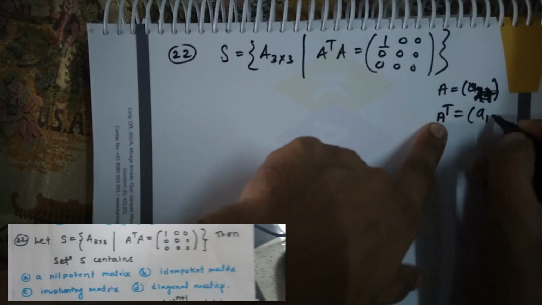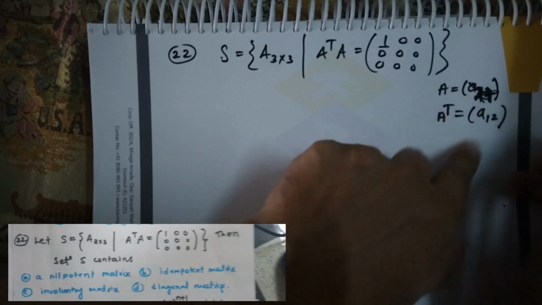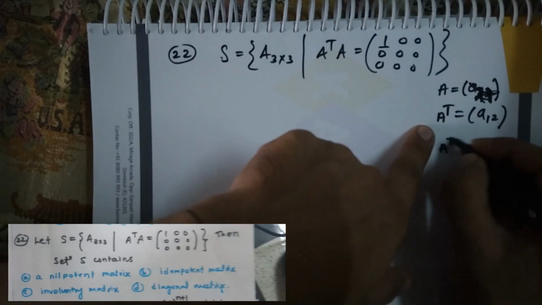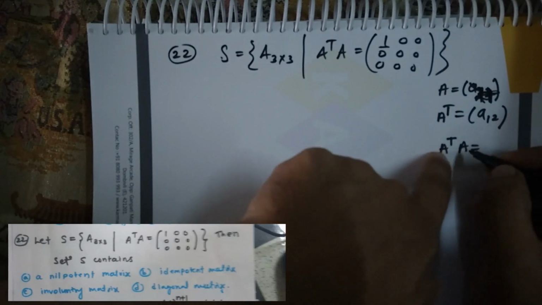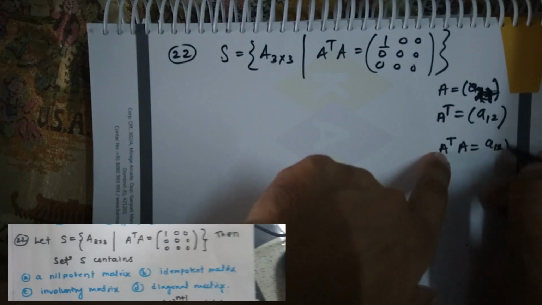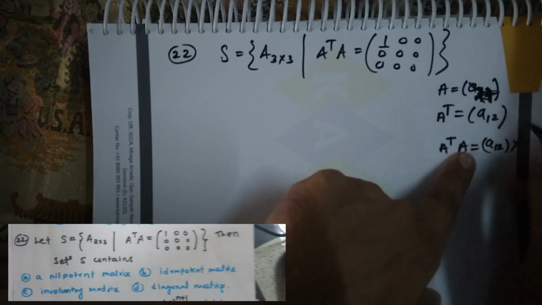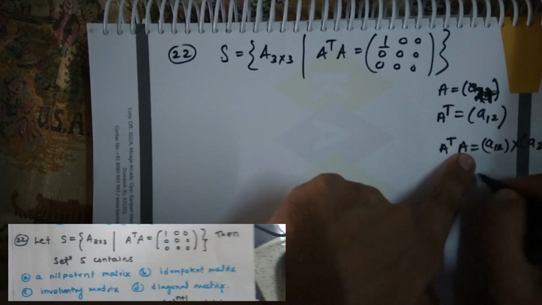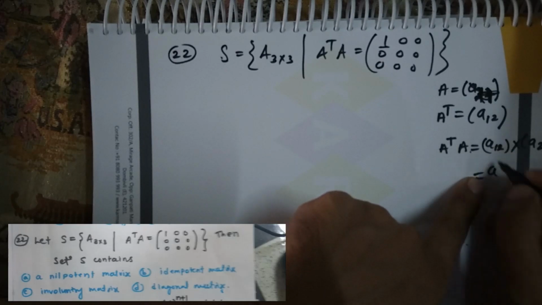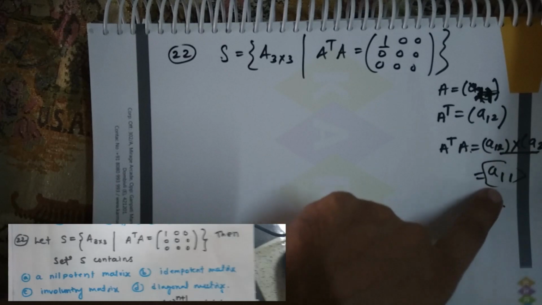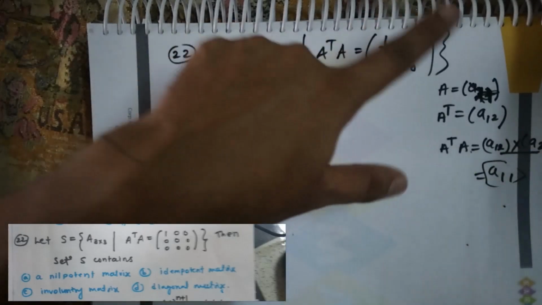Obviously a12. If I multiply A transpose and A, what is the non-zero entry of A transpose, a12? What is the non-zero entry of A, which is a21? So the non-zero entry of A transpose A is obviously a11. This is how we construct the non-zero entry of the resultant matrix.